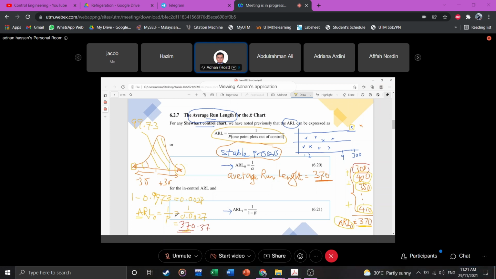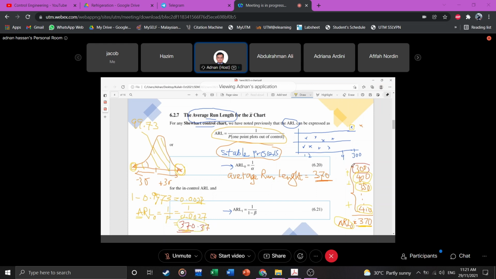This is the number. But theoretically, it is explained in terms of the area outside the control limit, which is 1 minus 0.9973, equal to 0.0027. Because the probability of outside is P, 1 over P, finally we also get this number.